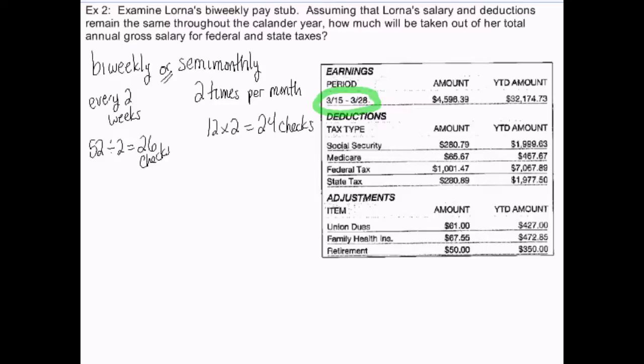And if every check is the same, she's having this much taken out for federal and state taxes. So we've got 1,147 for federal and 280.89 for state. We'll add those together.